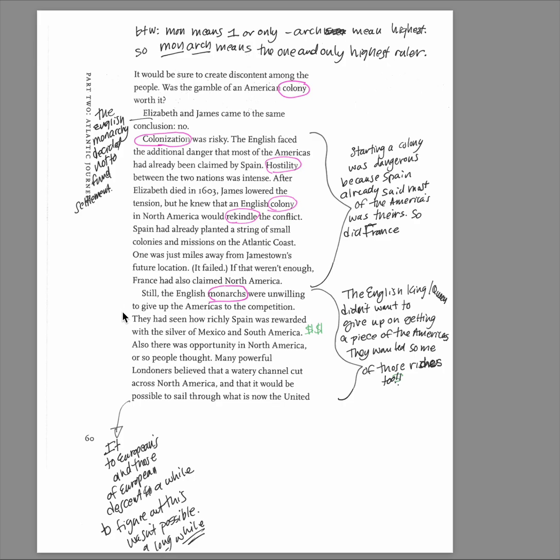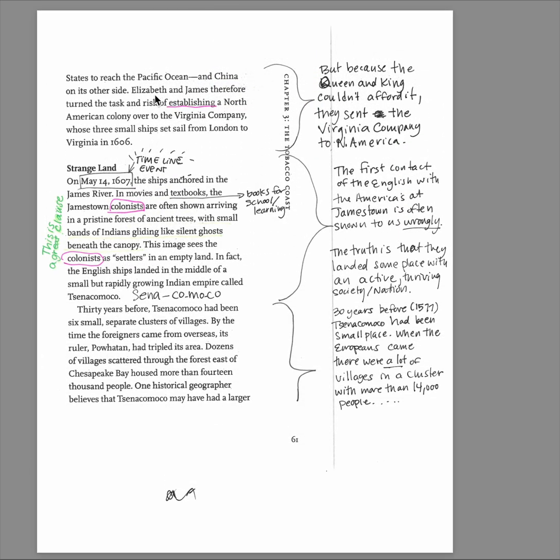They had seen how richly Spain was rewarded with the silver of Mexico and South America. Also, there was an opportunity in North America, or so people thought. Many powerful Londoners believed that a watery channel cut across North America, and that it would be possible to sail through what is now the United States to reach the Pacific Ocean and China on the other side.